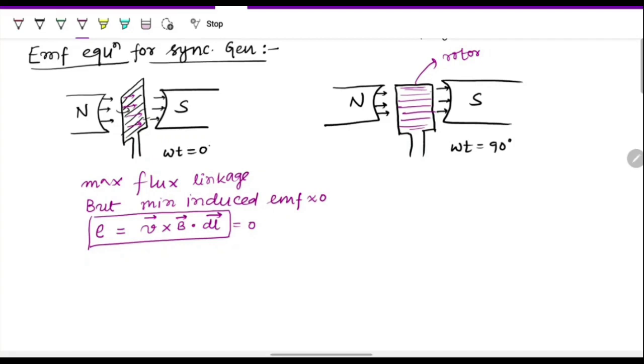So here we'll be having minimum flux linkage, but in this case from this equation we will have an induced EMF which will be maximum. So here we'll be getting maximum induced EMF.